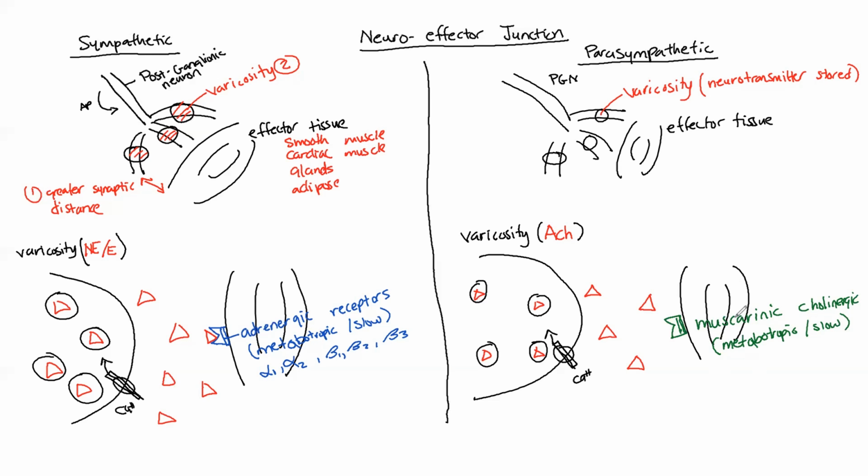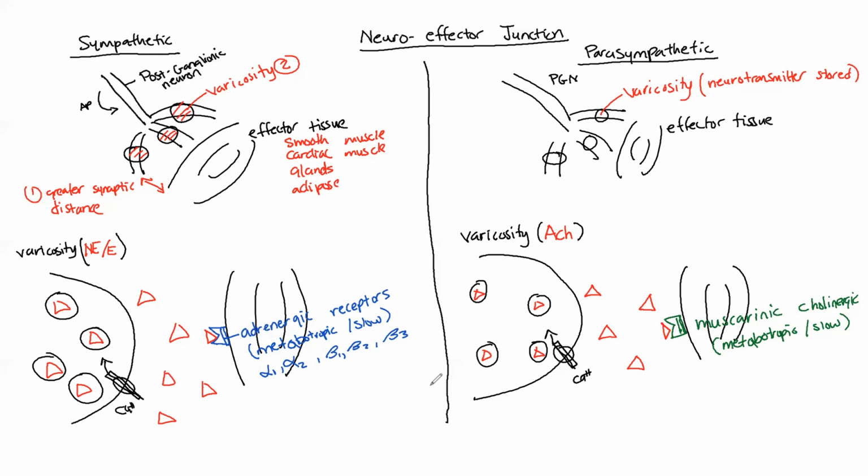It is a slow response. It's going to have different second messenger, and it's going to bring about the response on parasympathetic tissues, okay? And so that's how we bring about that parasympathetic neuroeffector signal here.